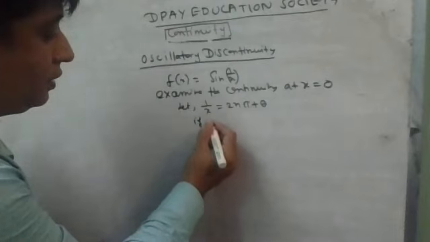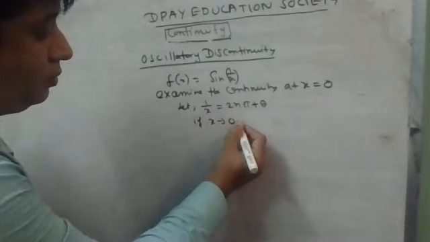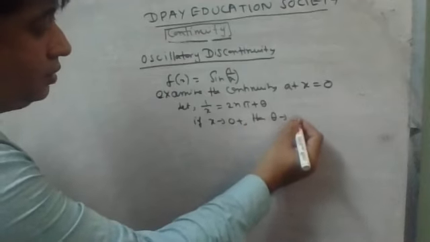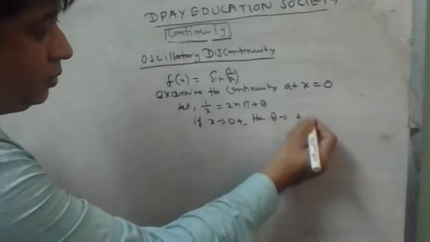Now, if x tends to 0 plus, then theta will be positive infinity.